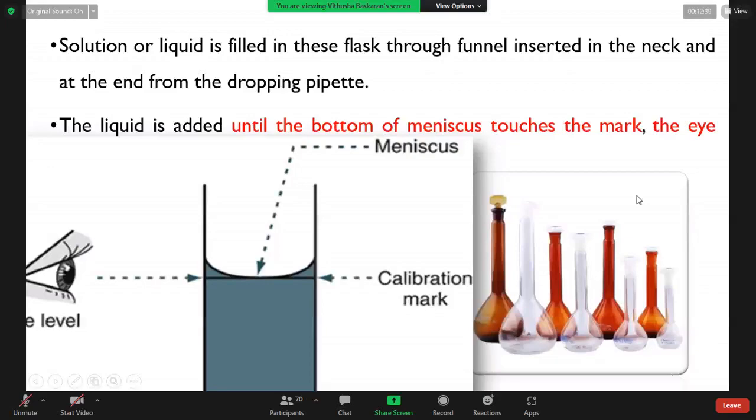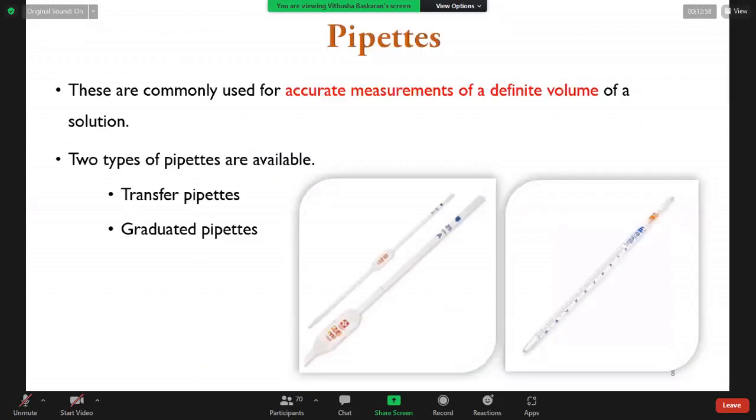And when you fill any of the measuring equipments like volumetric flask, pipette or burette, you have to keep it at the eye level. Eye level means you have to keep your eye at the level of the calibration mark. Then you have to observe the bottom part of the meniscus. Okay. And next we have studied about the pipette.